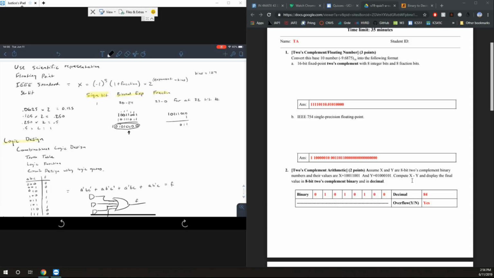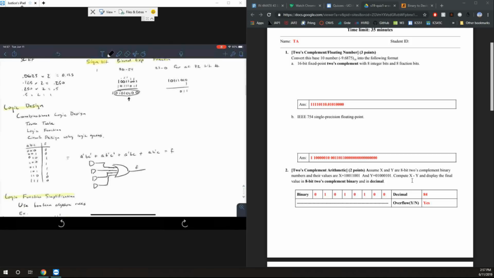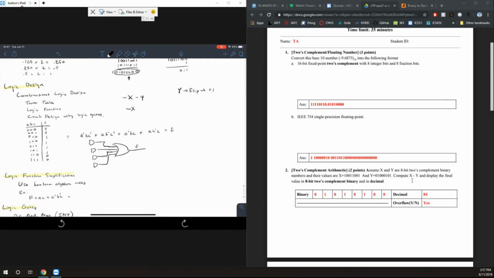So that's what this problem is saying, right? There's a negative x and you're subtracting a positive y from it. So we just flip y, add one, and then just do add. If you said negative x minus y, you would take y, flip it, and then add one, right? That ends up saying you're doing y complement plus one, and that's your answer. You would just solve for this, and you would get your proper answer. Does that make sense?